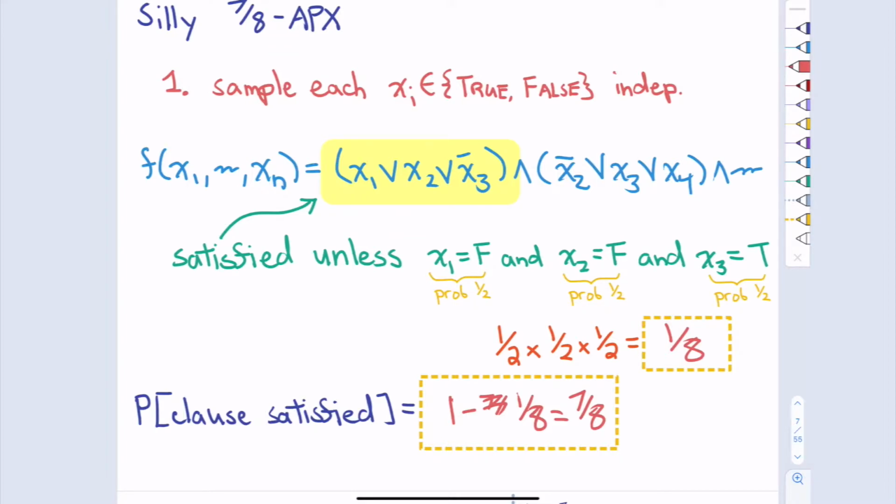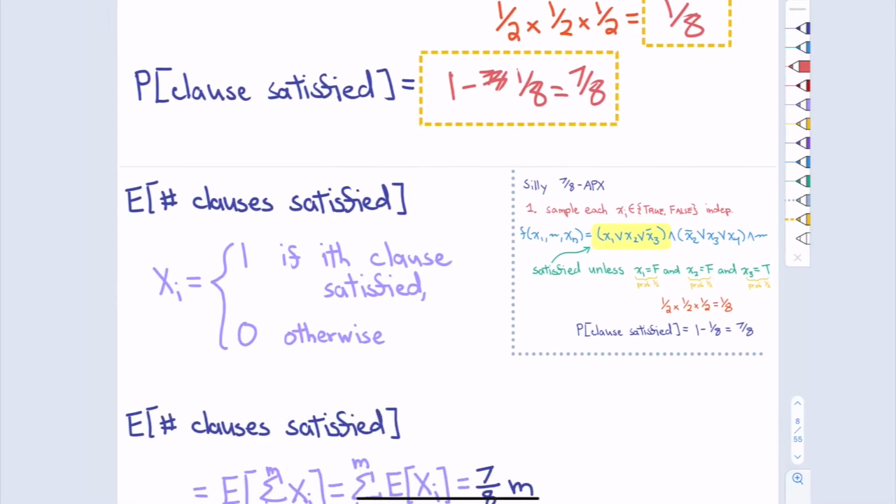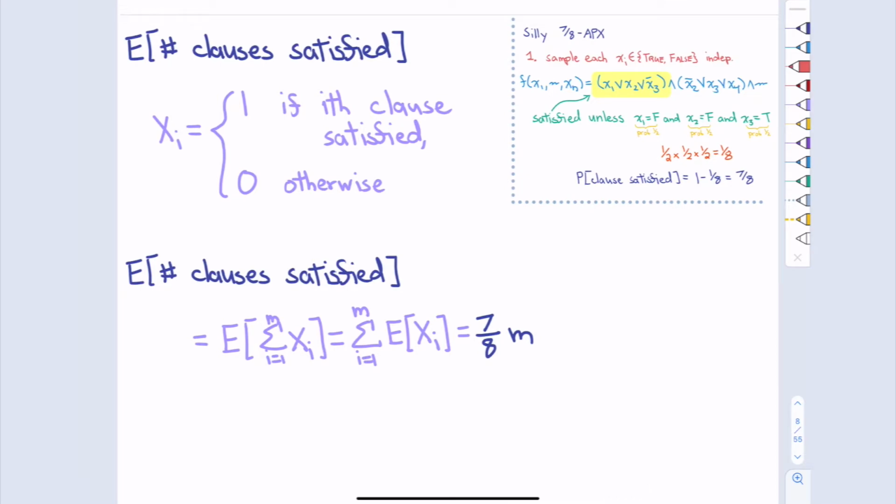Okay. So now my question to you is, what tool might I use to try to figure out the average number of clauses this algorithm will satisfy? Yeah. Can we try to find the expected value? Yeah, so we want the expected value. And we're going to do a setup that's very similar to quicksort, where I introduce a variable xi, that's 1 point if I satisfy the ith clause, and 0 points if we don't satisfy the ith clause.